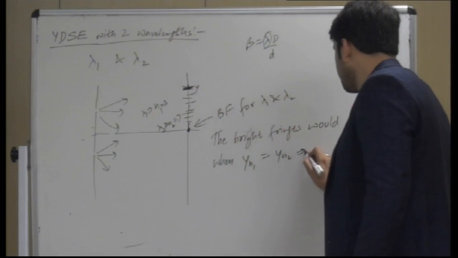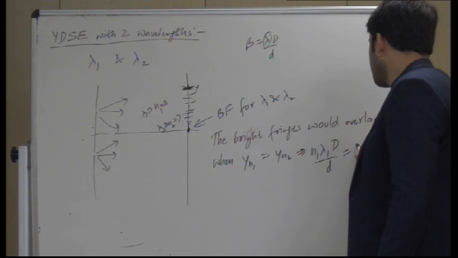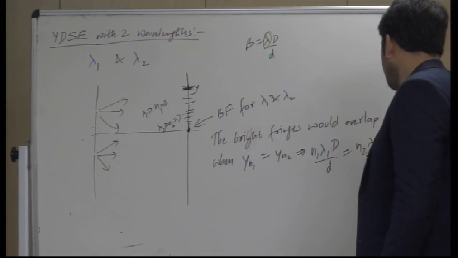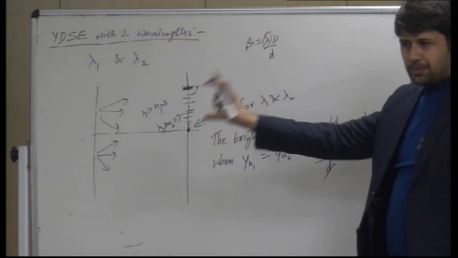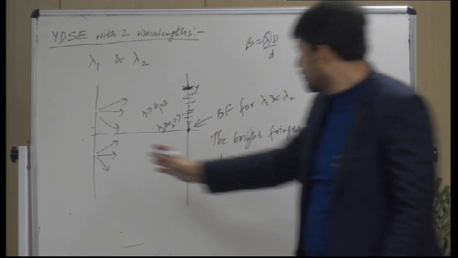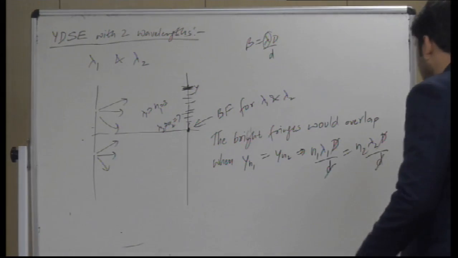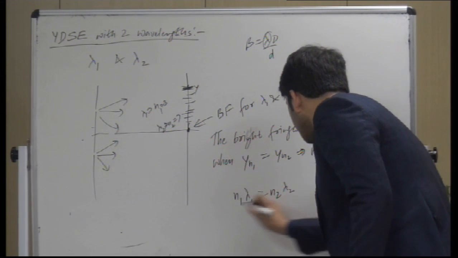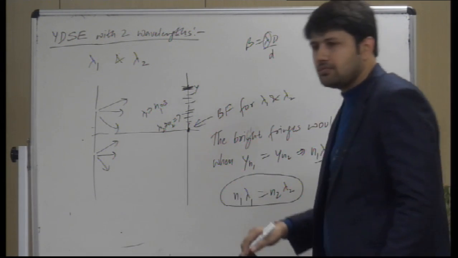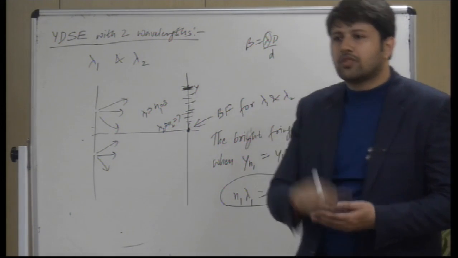The position would still be the same. So you can write n1 lambda 1 D by d is equal to n2 lambda 2 D by d. Because the setup is the same, the slit separation and the screen distance are the same, these cancel out. You get n1 lambda 1 is equal to n2 lambda 2. This is the condition. Wherever it is satisfied, you will get an overlap.